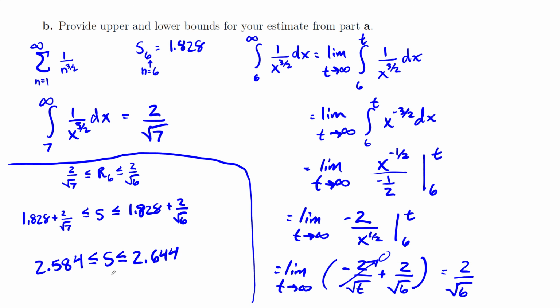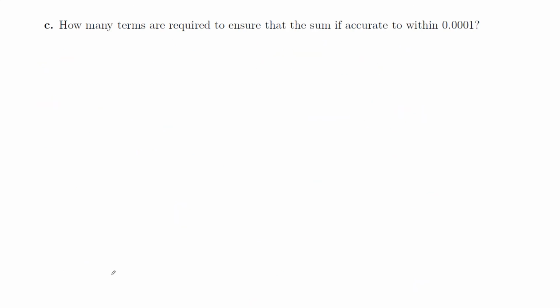All right, so then the last question here would be, can we make some sort of estimate if I want a certain degree of accuracy, right? What do I do? Okay, so it says how many terms are required to ensure that the sum is accurate to within 0.0001.